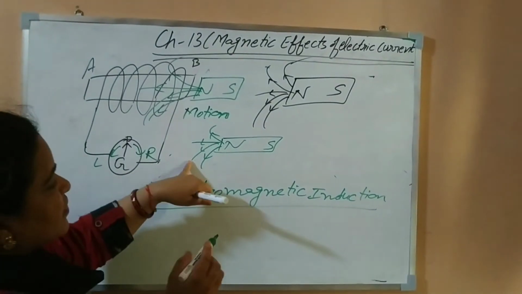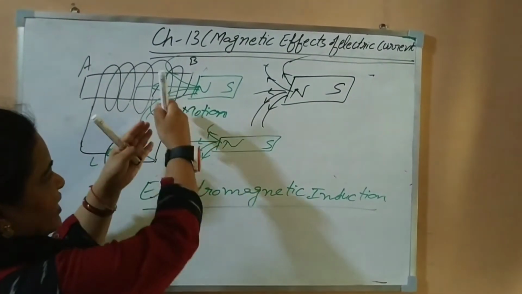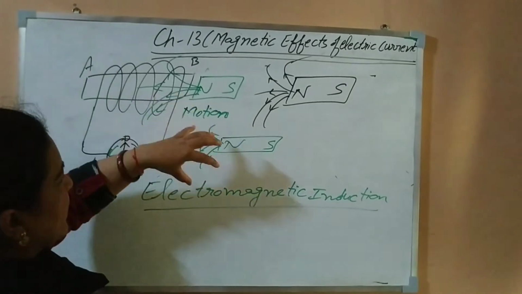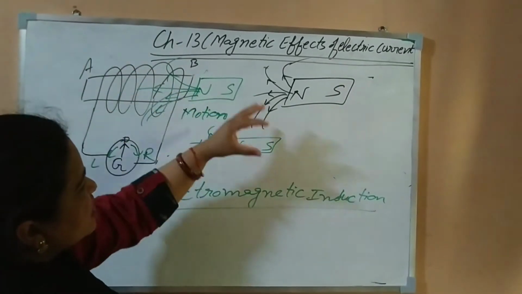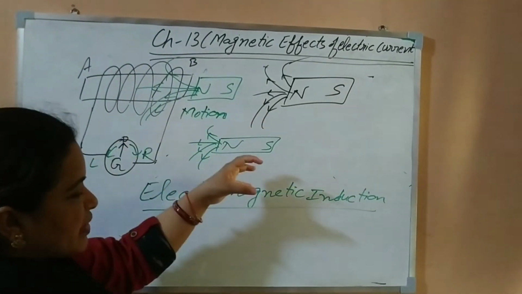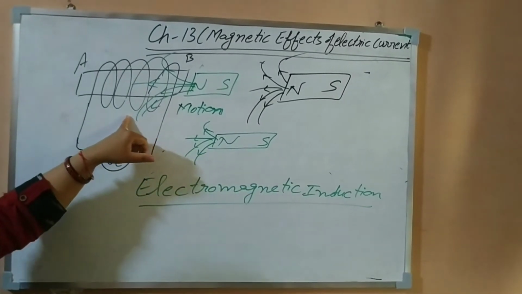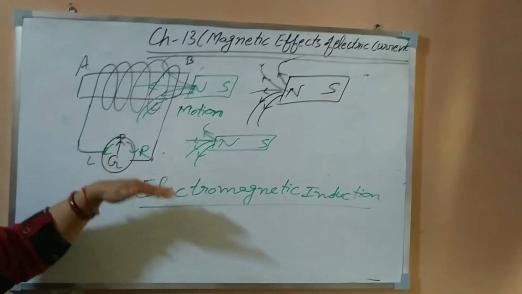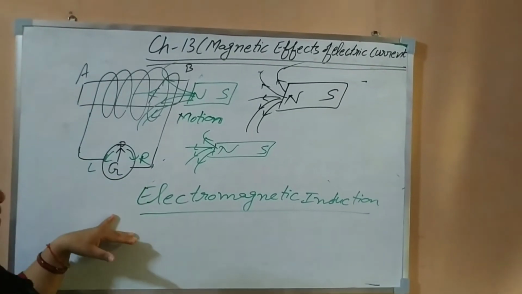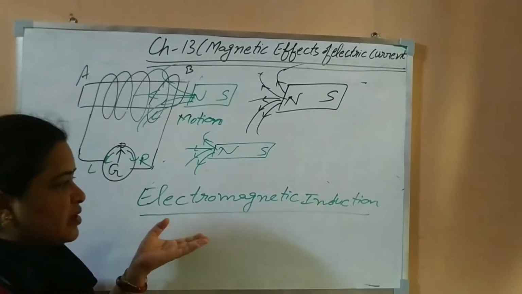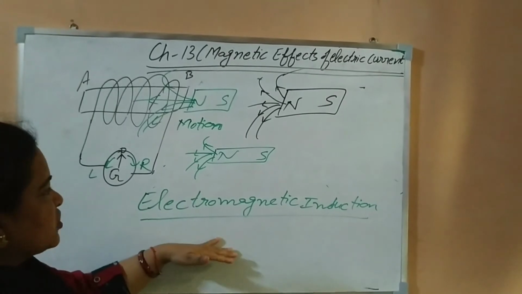Because of that change in magnetic field strength, increasing or decreasing, a current is induced in the coil. This phenomenon was given by Michael Faraday, and he named it electromagnetic induction.